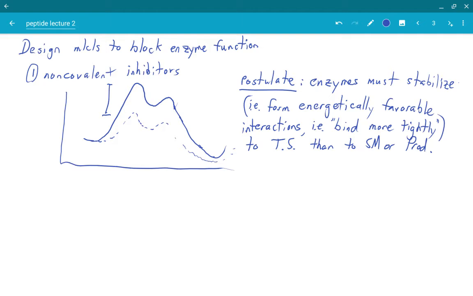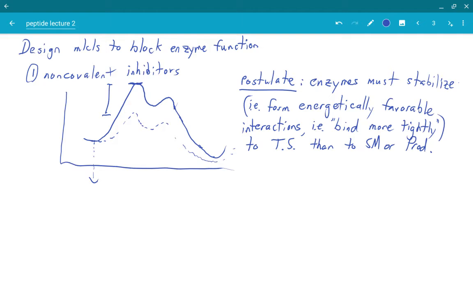Okay, so the postulate that really governs our thinking about non-covalent inhibitors is that enzymes must stabilize, and by that we could rephrase that to say form an energetically favorable interaction, or even just bind more tightly to the transition state than to either the starting material or products, right? So it doesn't do me any good if I bind the starting material really tightly and drop the energy down here if I don't change the transition state energy.